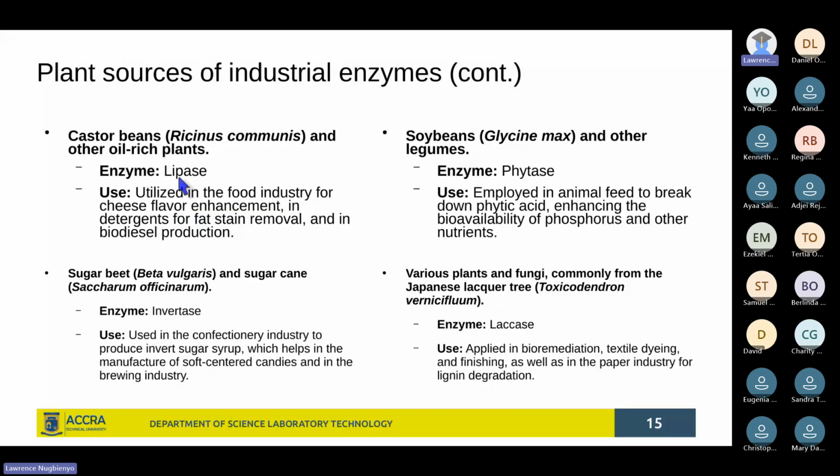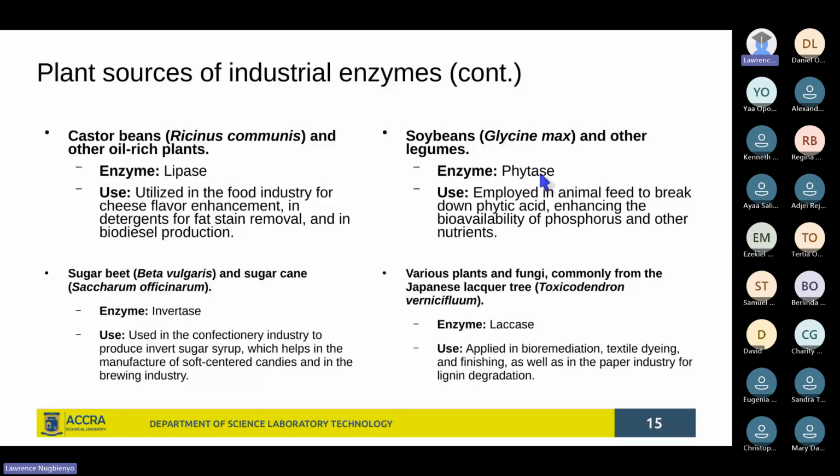Whilst you use a lipase in the dairy industry to improve flavor, in the brewery lipases are also used to improve flavor, to prevent some off flavors in beers. And in detergents, to remove fats, or lipid-based stains. And in the production of biofuel, you also make use of these lipases.